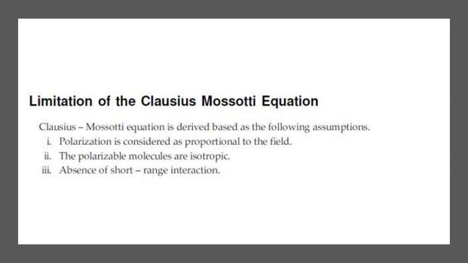But if the properties are not the same, then the equation cannot be valid or useful. This is also limited to short range interaction. This is a limitation of this relation. It is valid in the absence of short range interaction.